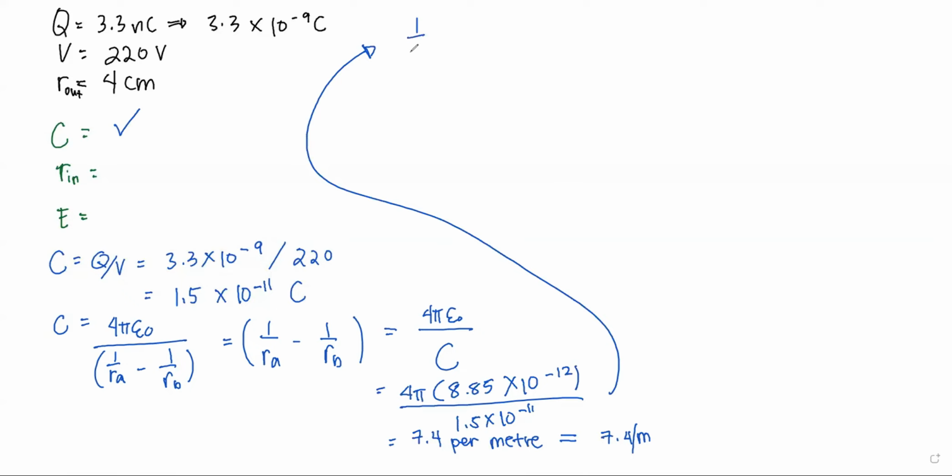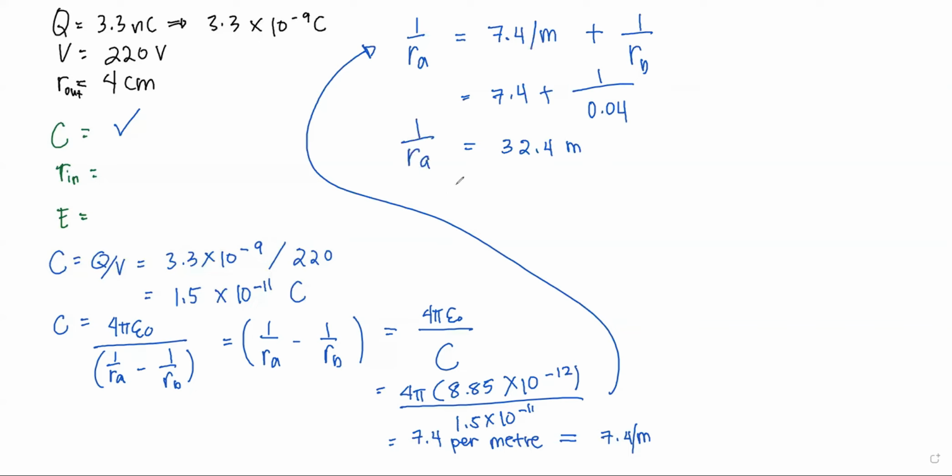So 1 over RA, I still need to get my RA by having the reciprocal of that. RA is equal to 1 over 32.4, which is 3, which is our 3 cm here. There you go. 3 cm.